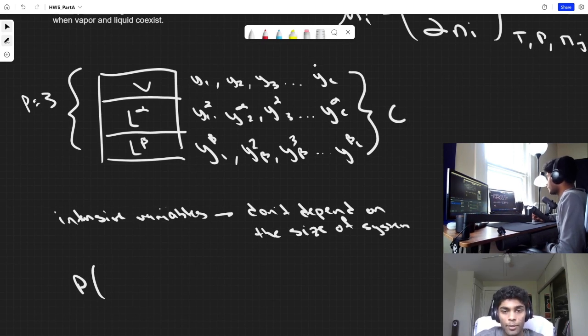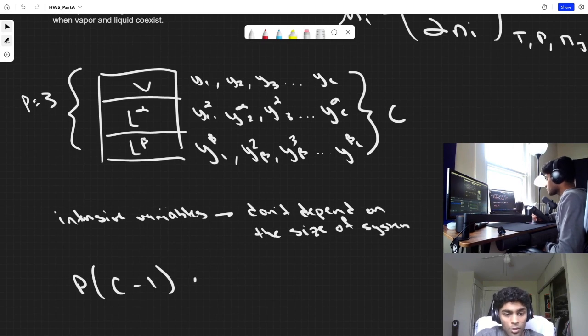And so how many of these do we really need? Well, we look at the fact that we have C components. So really, we just need C minus 1 components because we could find the sum of this component by doing 1 minus the sum of the remainders here. So C minus 1 is the number of mole fractions.